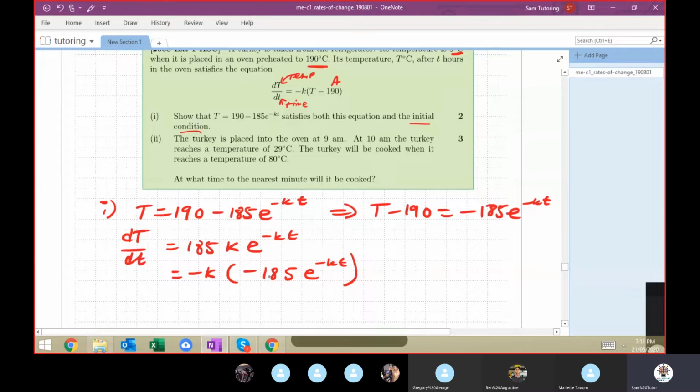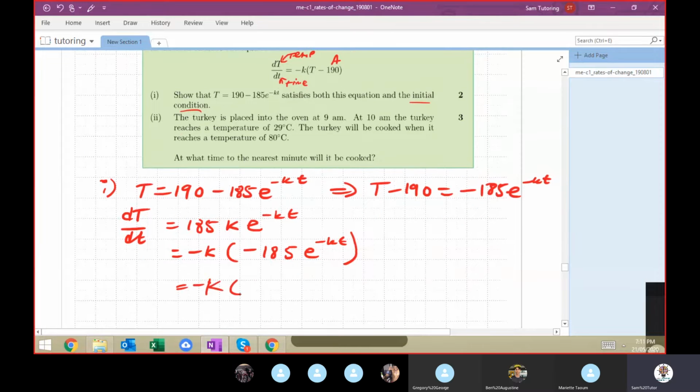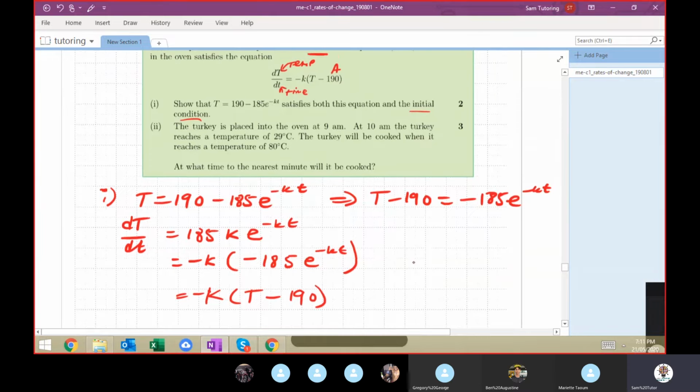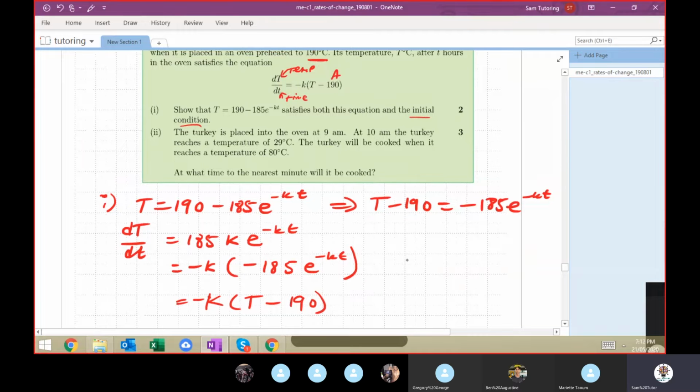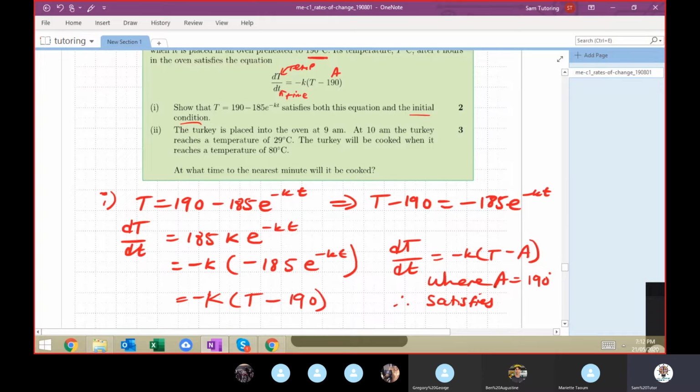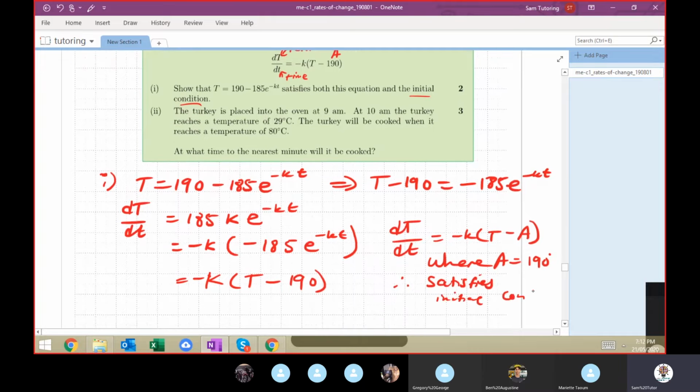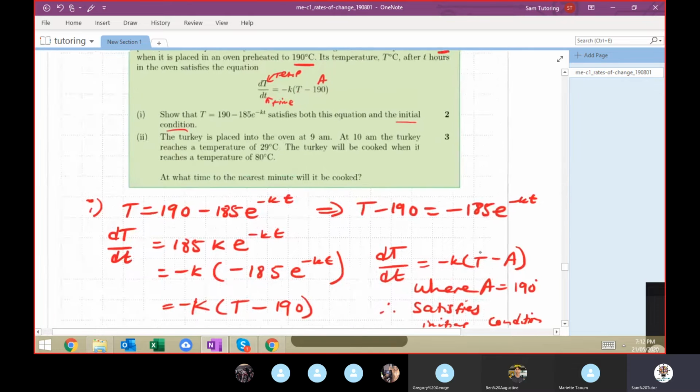Then the idea with the initial condition is that dT/dt is negative k(T - A), where A is 190, therefore it satisfies the initial conditions. How easy was that to say? All they wanted to see is that you knew it was negative k(T - A).